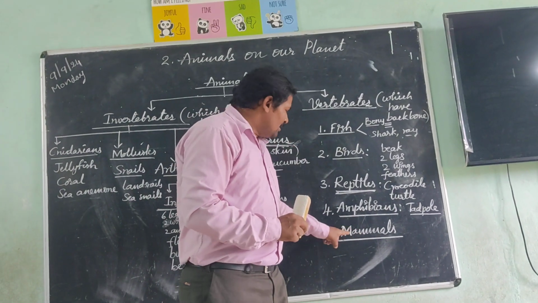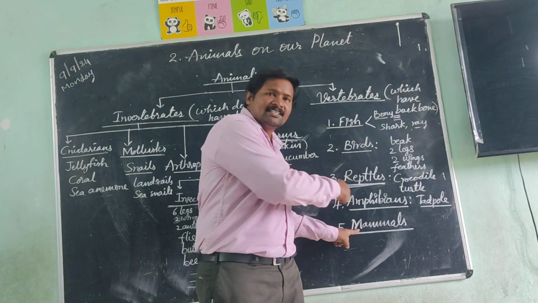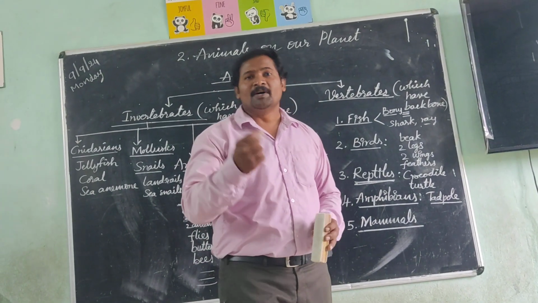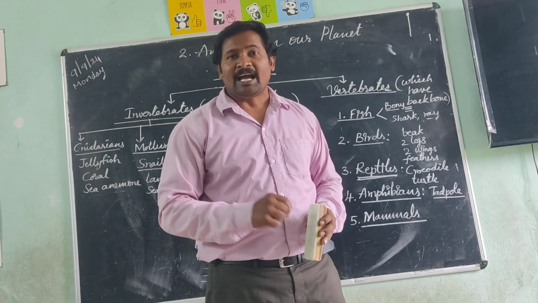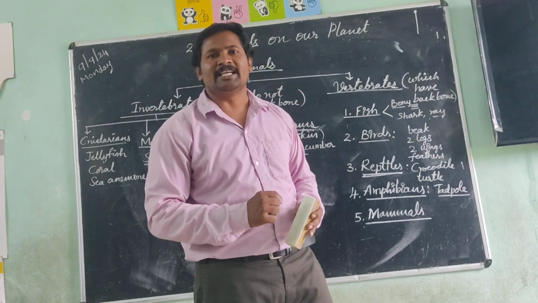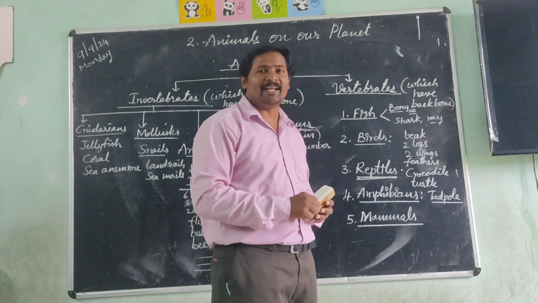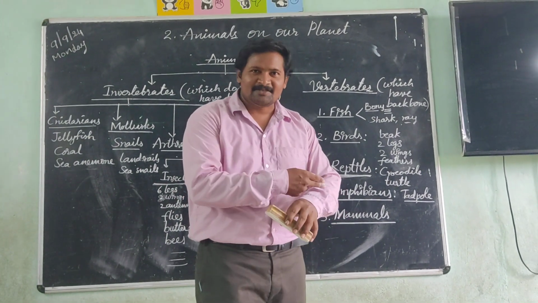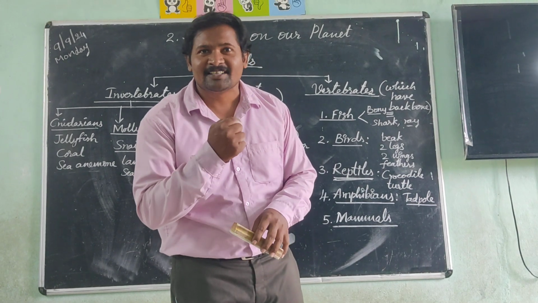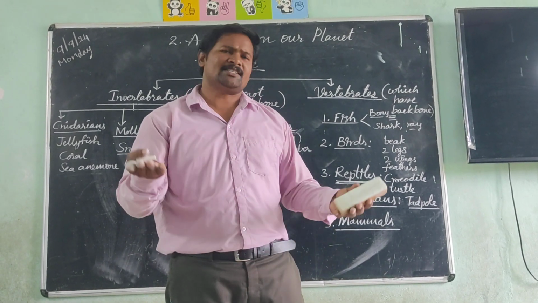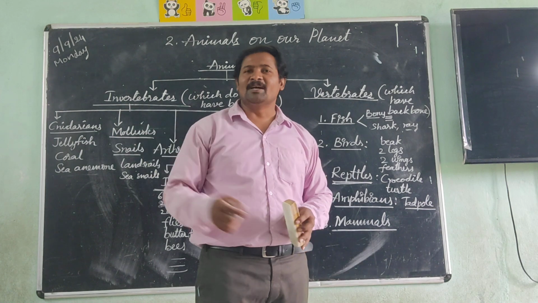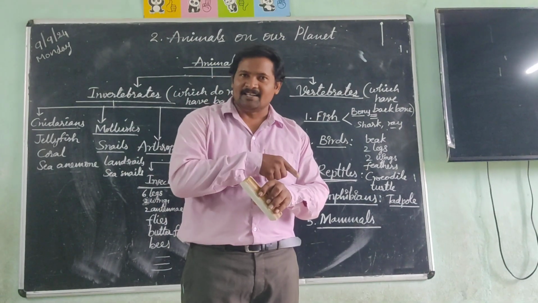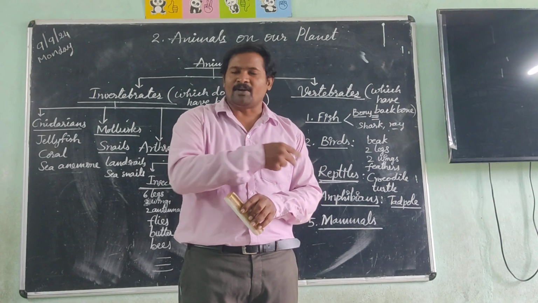Once again, human beings are included in mammals. Their body is covered with fur or hair. Hair, maybe. In the case of animals, we use fur. Don't confuse. Fur and hair, both we are using for these mammals.